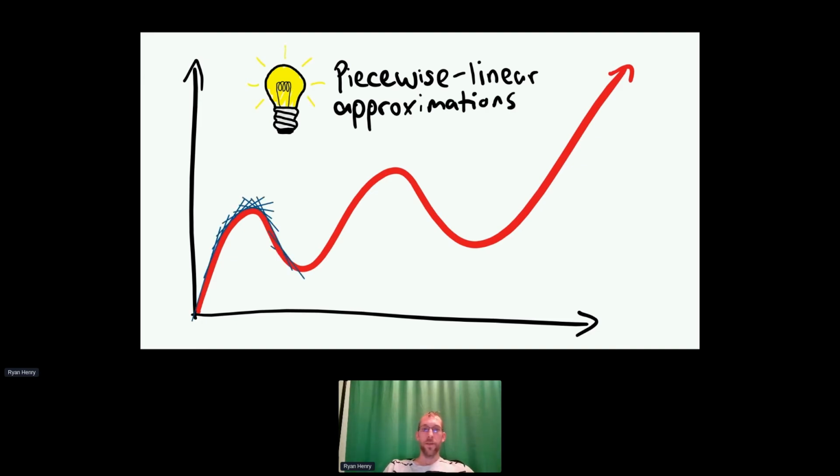Linear is not important, but if you can get away with truly linear functions, it's the best. So we go along the curve and we just draw tangent lines all over the place, and we try to space them out as far as possible, subject to some constraints on how accurate we want the approximations to be.